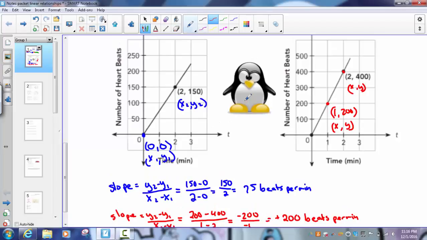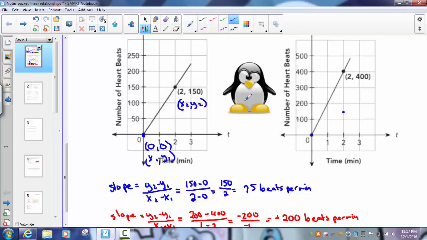Okay? So in order to compare them better, I'm going to erase this for a moment so I can graph it together. What I'm going to do is take this data and put it on the same graph. So here, this is 0, 0, and 2, 150.